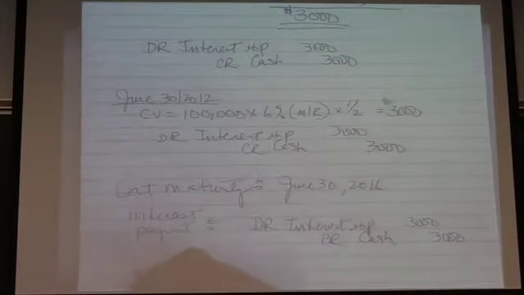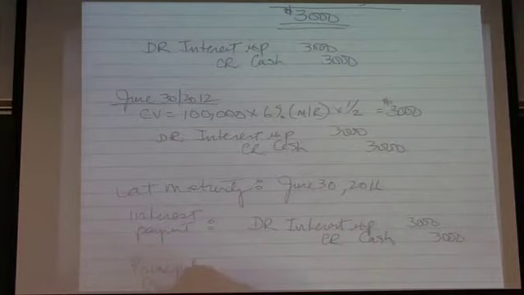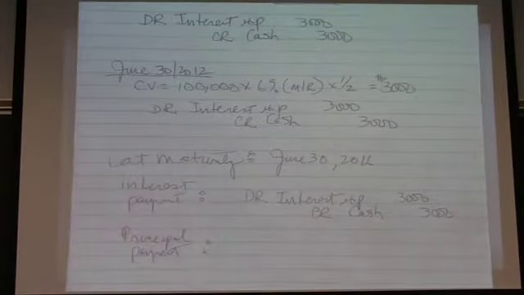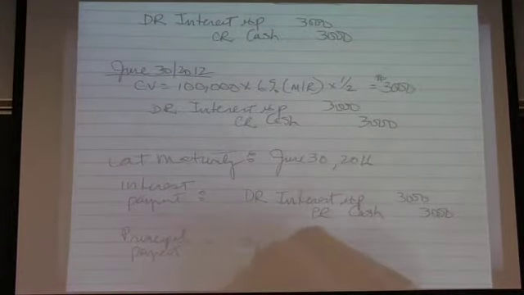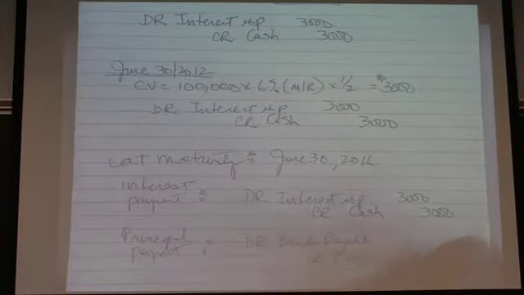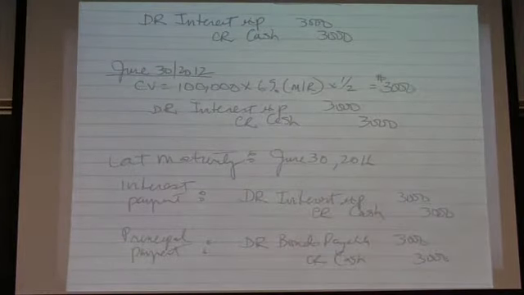And we're going to have a principal payment as well, right? And the principal payment is debit bonds payable, credit cash. So that's essentially the set of journal entries if you're issuing bonds at face value, at par.